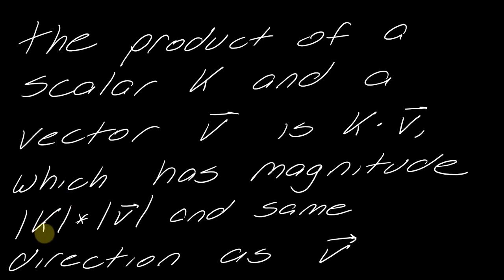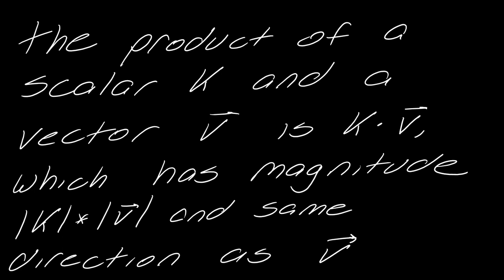So the magnitude becomes the absolute value of k, because magnitude shouldn't be negative, times the magnitude of vector v. This is interesting, right? This is the absolute value of k, and this is the magnitude of the vector, and you know this because you've got the vector notation.